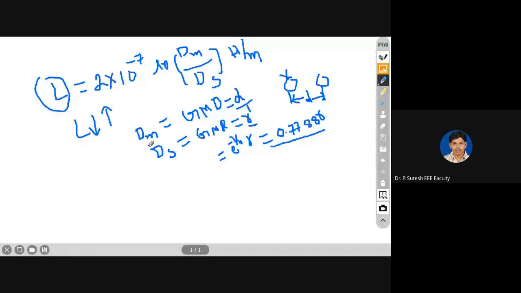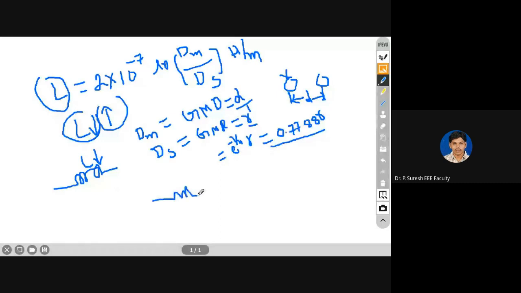To increase the performance of the transmission line, the inductance value should be low or high? Inductance is a series element. Generally, this is the transmission line system.